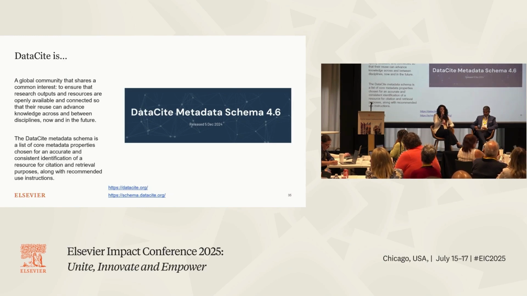A really critical partner for this initiative is DataCite. So one of the important aspects of a dedicated data repository is the use of DOIs, digital object identifiers, and making sure that every data set has its own unique persistent identifier.